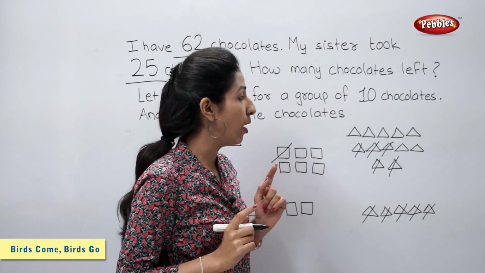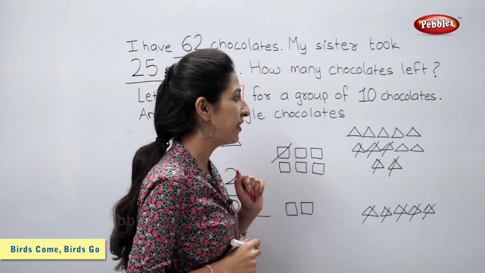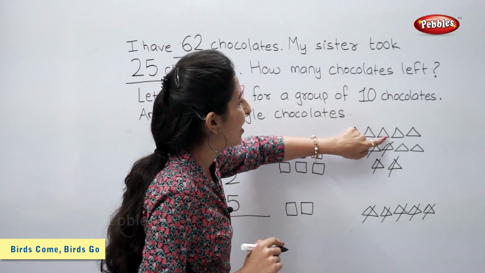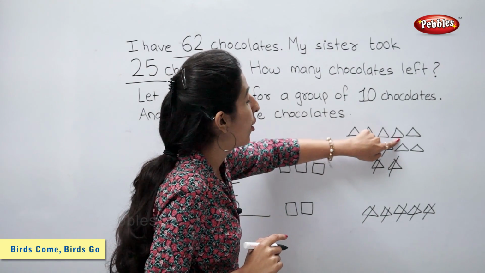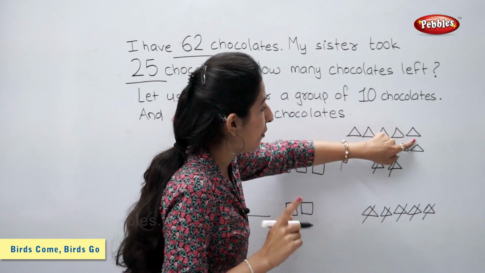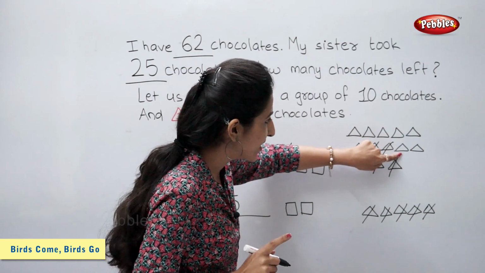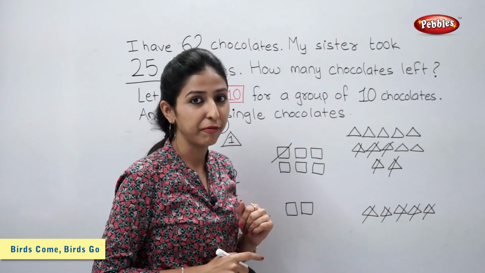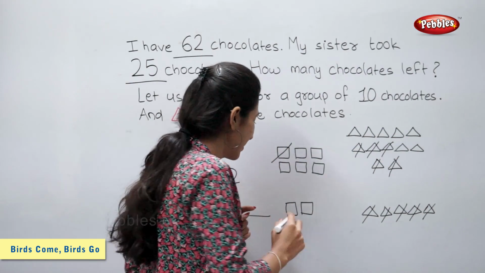Students, now let's count the number of triangles left. 1, 2, 3, 4, 5, 6 and 7. So, now we are left with 7 triangles.